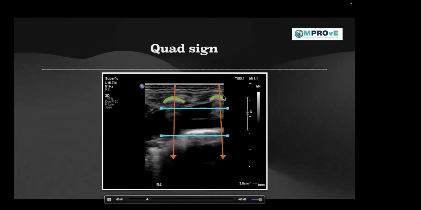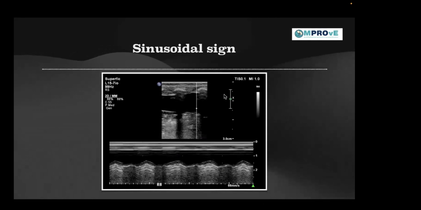Sinusoidal sign. Same place, the same area, and now I have interrogated that with the M mode. When you do M mode, you don't see stratosphere sign or barcode sign or anything like that, because it's all fluid filled. It is not an air-fluid interface. It is only fluid.